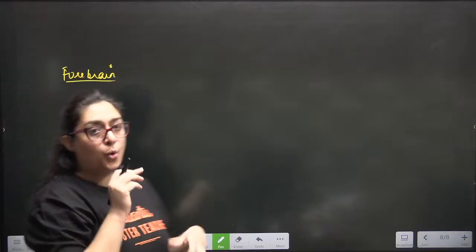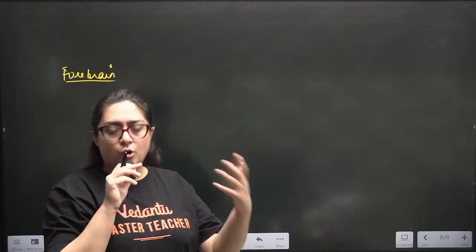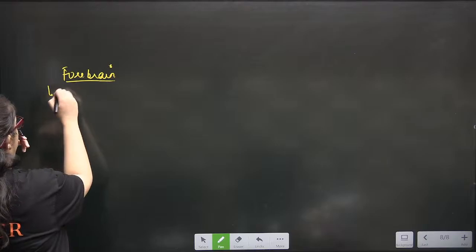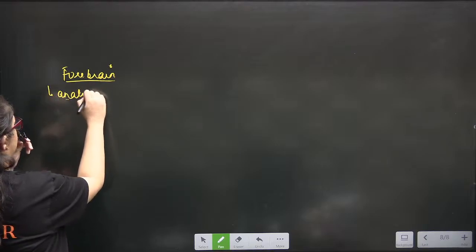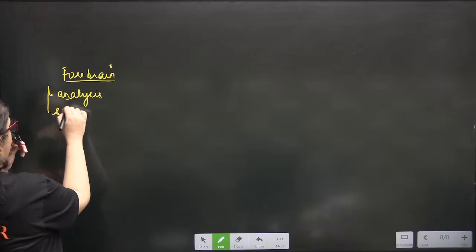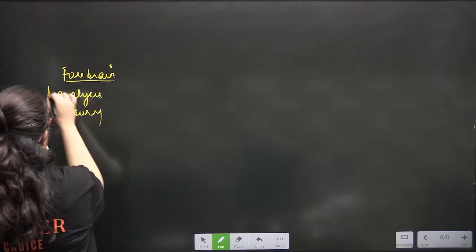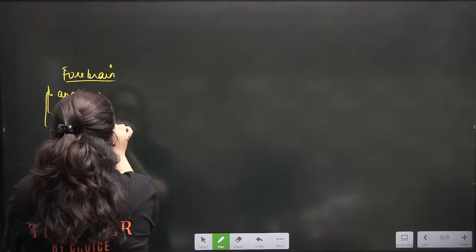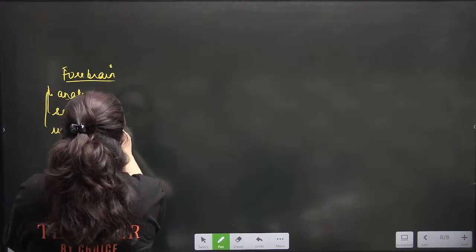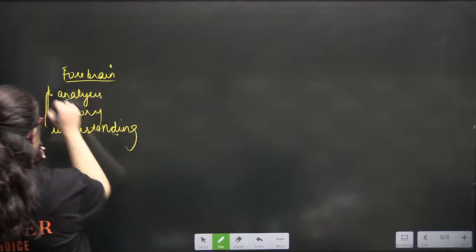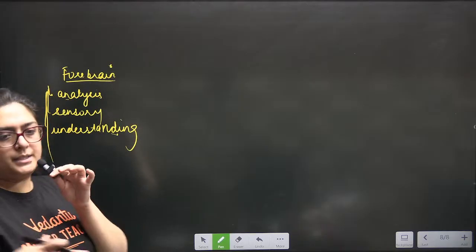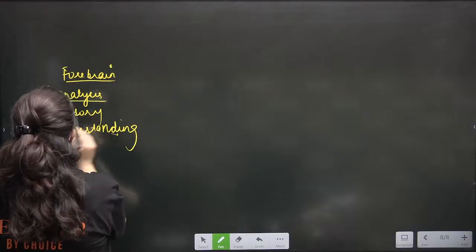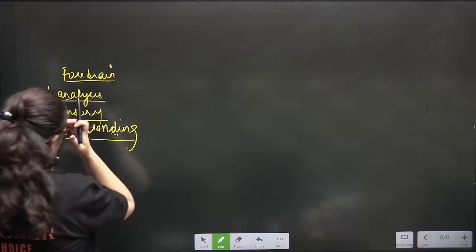Now, what is the function of the forebrain? It has lobes: parietal lobe, frontal lobe, temporal, occipital. The forebrain is related to analysis, sensory understanding. What else?